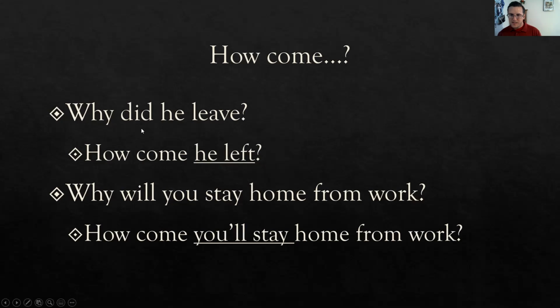It's past tense. How come he left? Why will you stay home from work? That's future. How come you'll stay home from work? So the key thing to remember with how come is we don't invert for the question order. How come, subject, verb.